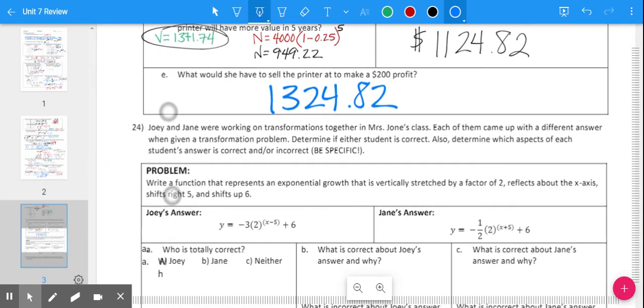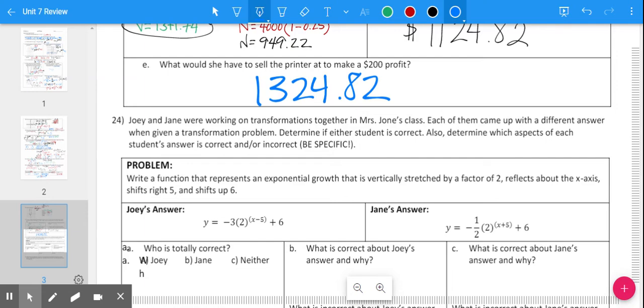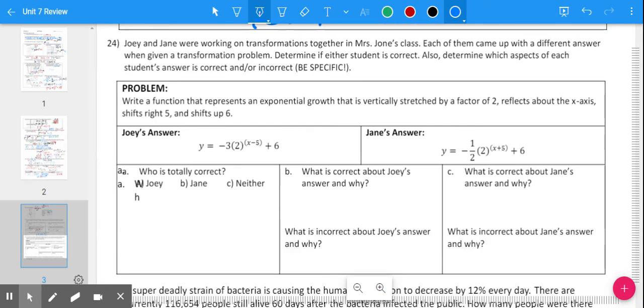So Joey and Jane were working on transformations together in Miss Jones's class. Each of them came up with a different answer when given the transformation problem. Determine if either student is correct. Also determine the aspects of each student's answers that are correct or incorrect. So we know that it is going to be vertically stretched by a scale factor 2 and reflected. That tells us that a equals -2.